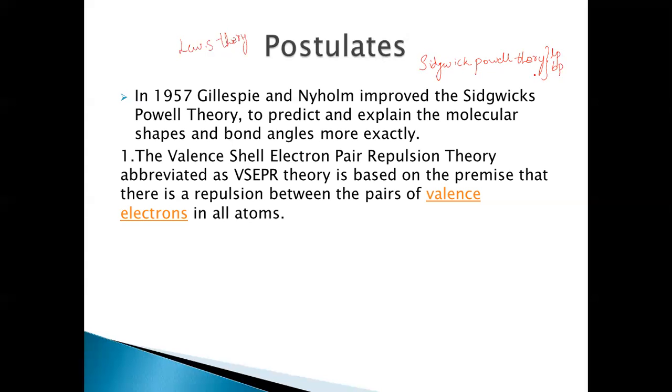But this had to be improved to a certain extent because it could not give the shape of molecules and bond angles perfectly. So later, in 1957, Gillespie and Nyholm improved this theory and gave a better theory, which is nothing but the valence shell electron pair repulsion theory, that is VSEPR theory.